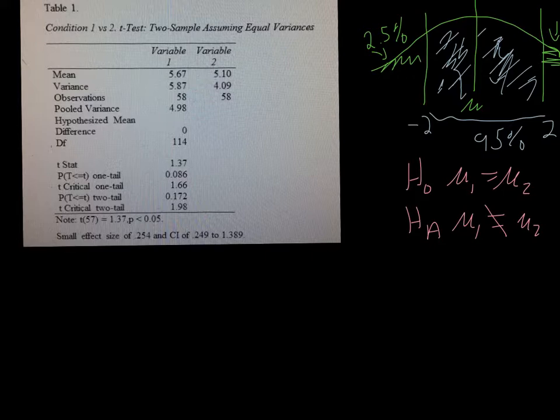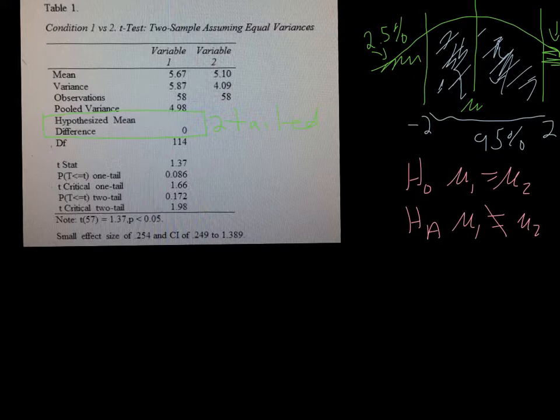So if we go back and look at the data that you're given for our t-test, luckily they've done all the calculations for us, so we just have to interpret it. Looking at this line, what they're saying is that this is a two-tailed test. I hope you can see that color.